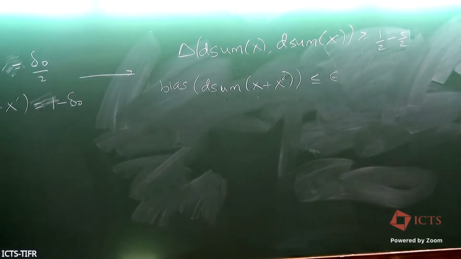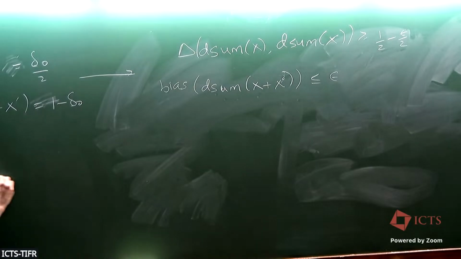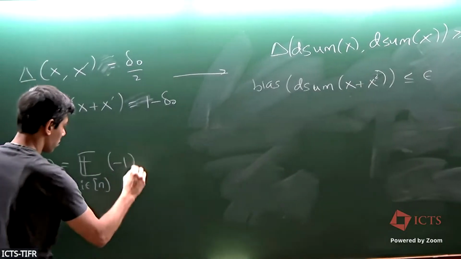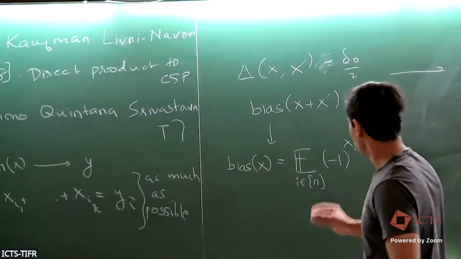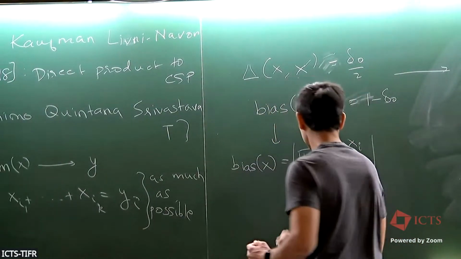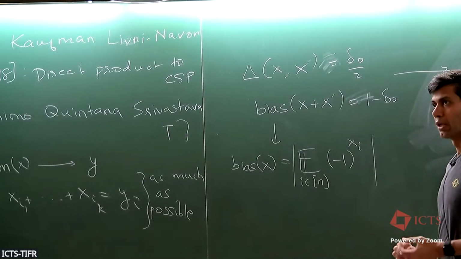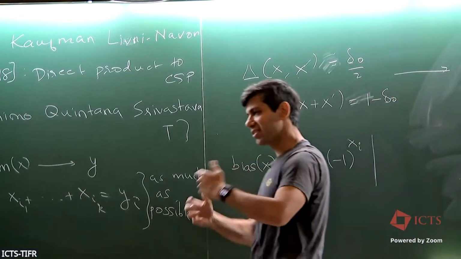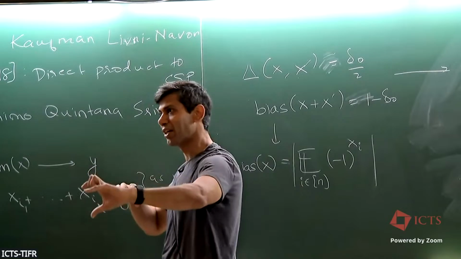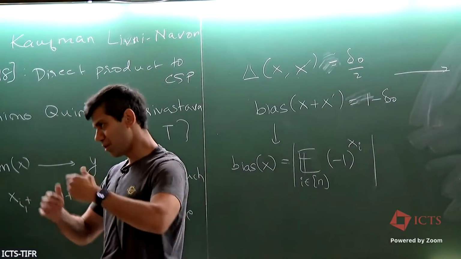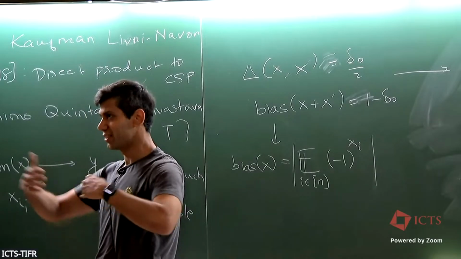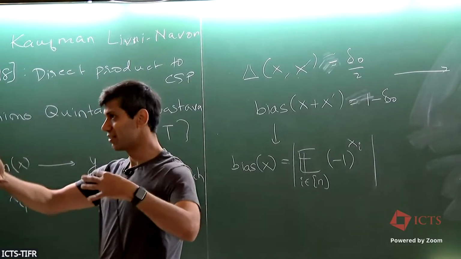So maybe more concretely, let me just write down. Bias of X is equal to expectation over a random bit of minus 1 to the xi. And let's actually take the absolute value. So if something is unbalanced, it has more ones than minus ones, okay? Then that means when I write it in terms of 0, 1, it has large distance from 0, right? Because it has a lot of ones.